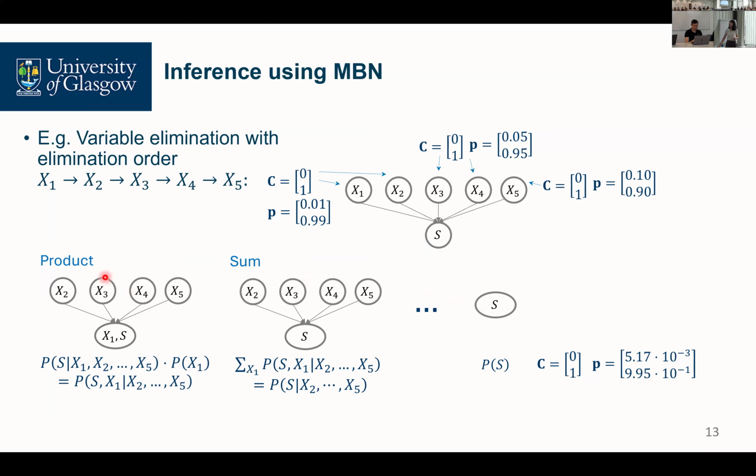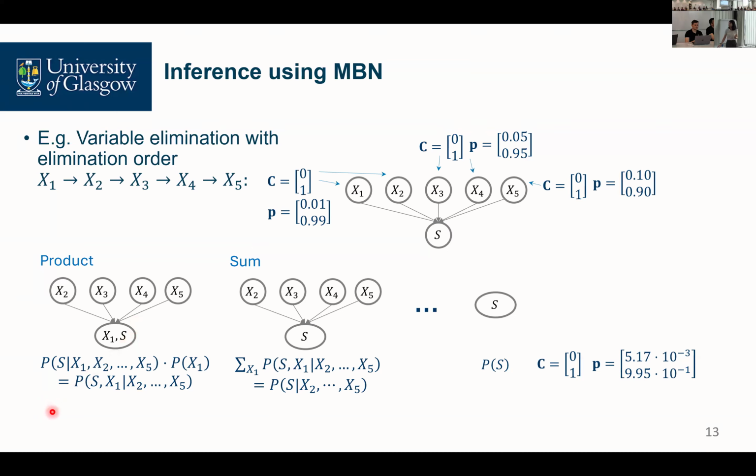If we specify this elimination order, then variable elimination repeats product and summation to remove a variable from the graph. For instance, here, first, if we want to remove x1, then we multiply x1 with its associated node in the graph. It has the effect of merging these two nodes.